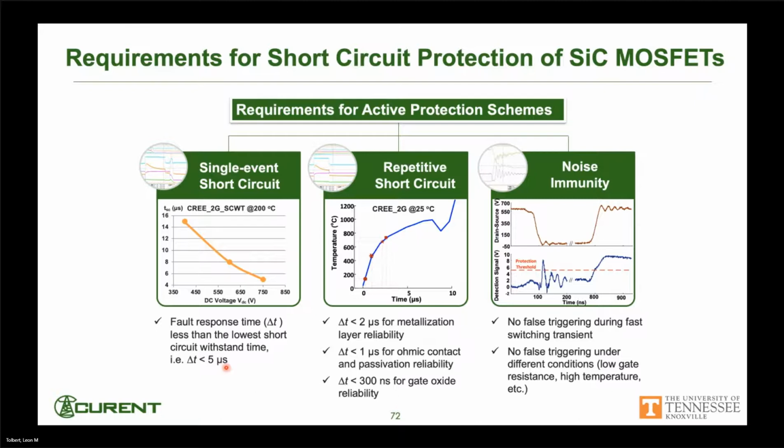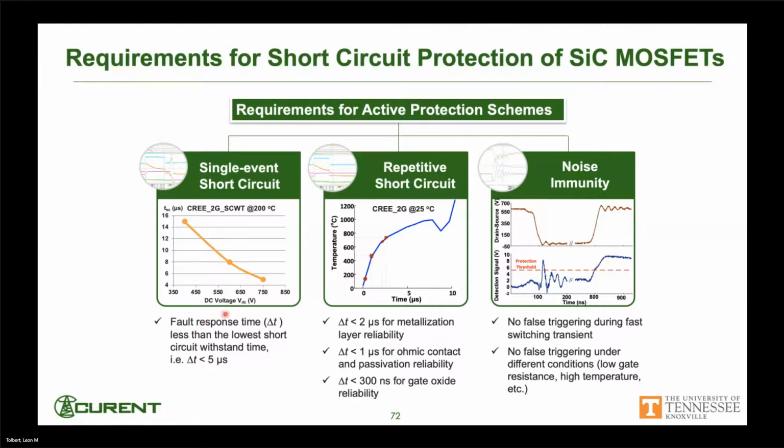However, if it's something that seems to be occurring pretty often, a repetitive event, you may need to be as short as 300 nanoseconds so that you're not damaging your gate oxide reliability. Well, that's a whole order of magnitude different here, isn't it?